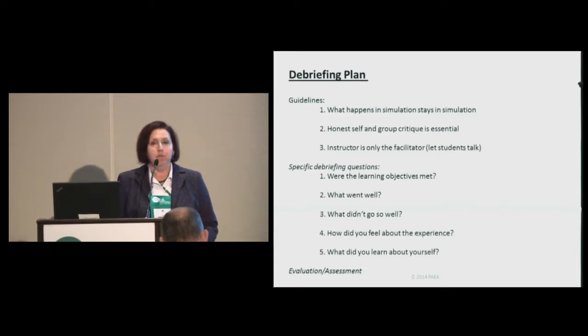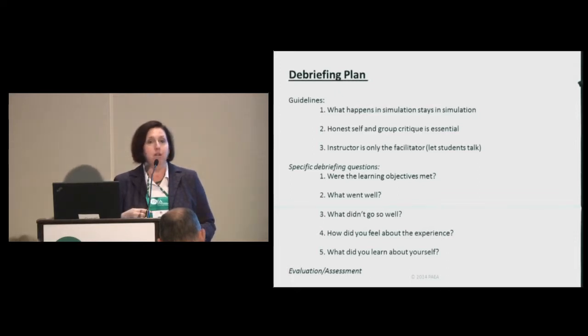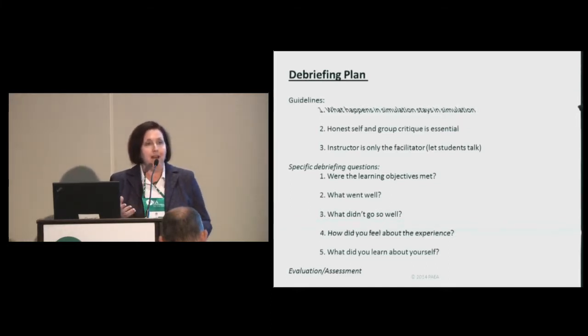So we tell them, if you see someone who maybe administered the wrong medication or didn't know the right dose of the medication, that should stay here in simulation. And when you go to lunch with your student friends, you shouldn't be sharing that so-and-so made this error. Simulation is a safe place to make errors, and students should understand that their actions are to be learned and built upon.